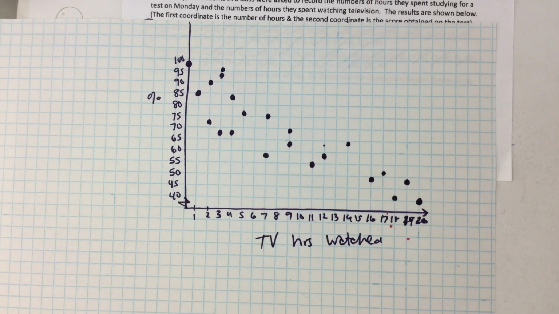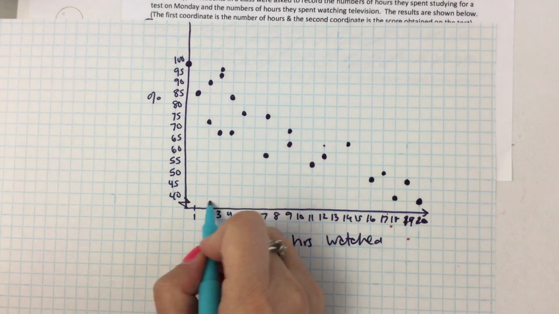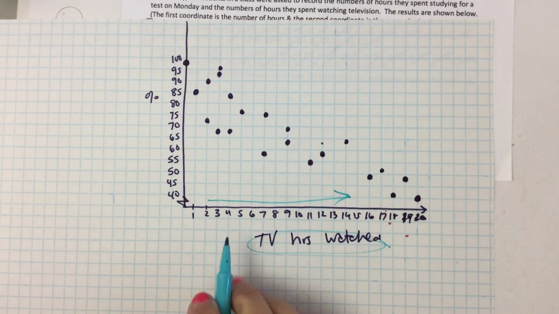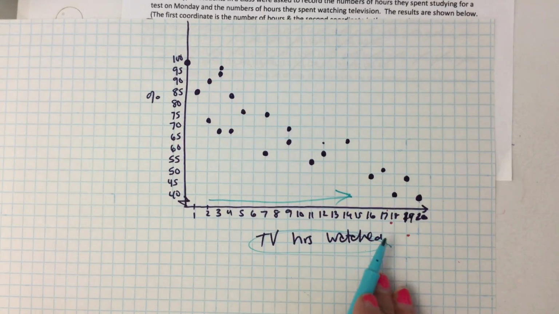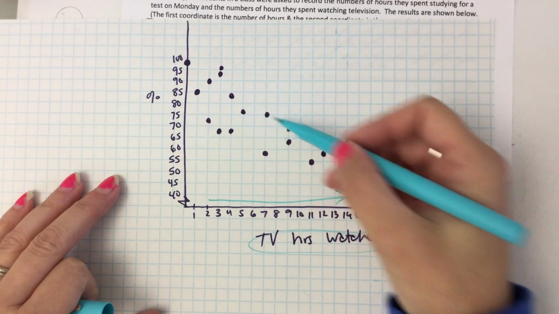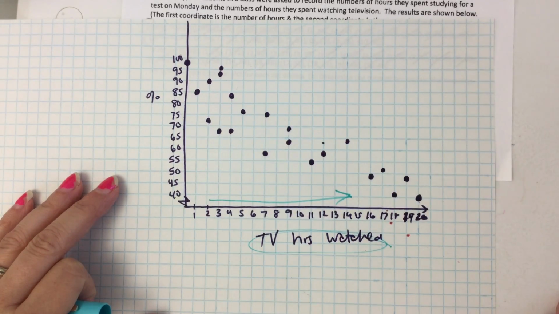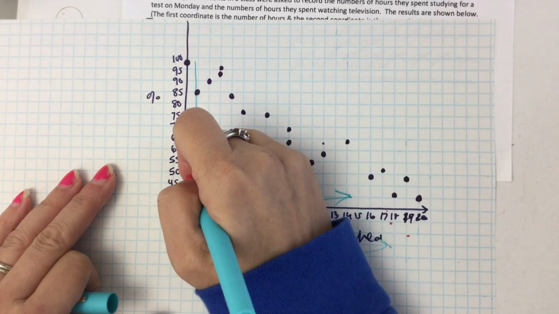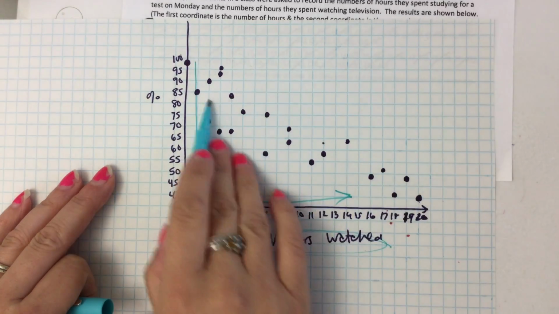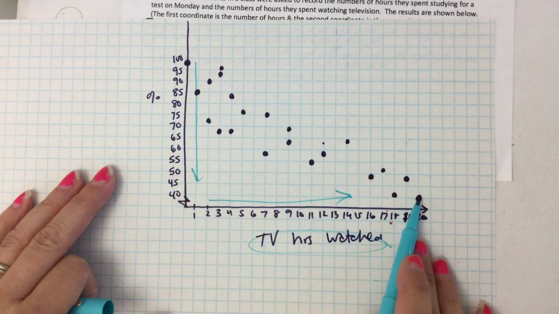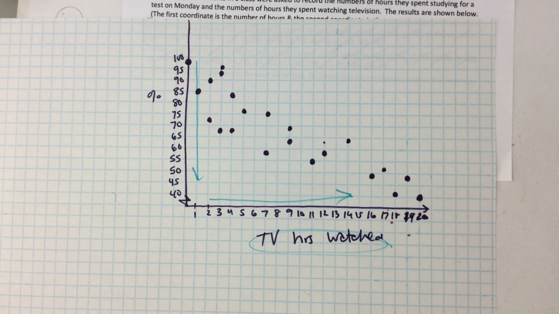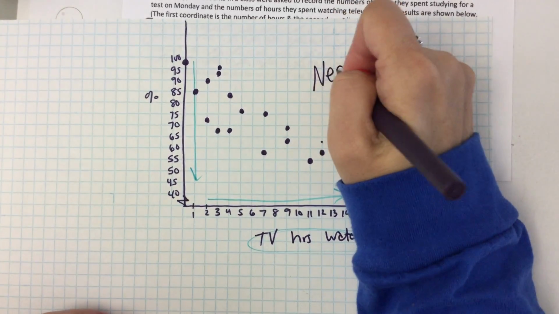Again, what they want us to do is identify the correlation. As our X value, as the amount of TV watched got larger, as you were watching more TV, what happened in general to the test scores? Well, they generally dropped. It looks like as you go to the right, the points tend to drop downwards. So this is called a negative correlation.